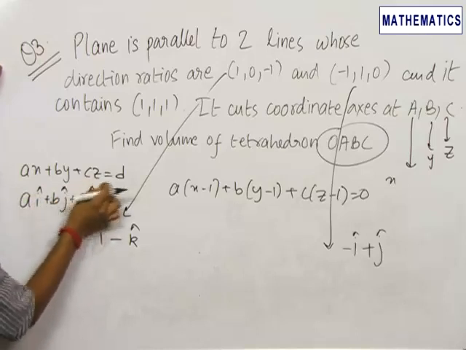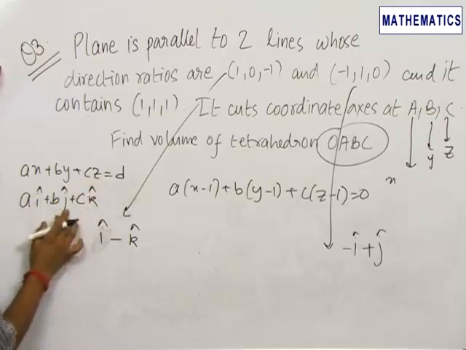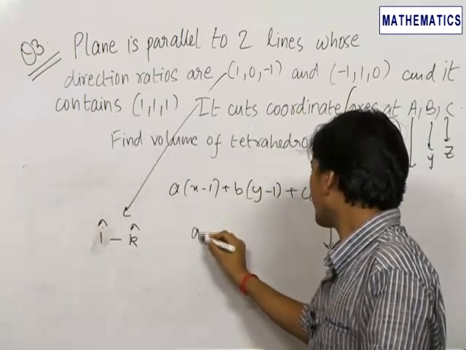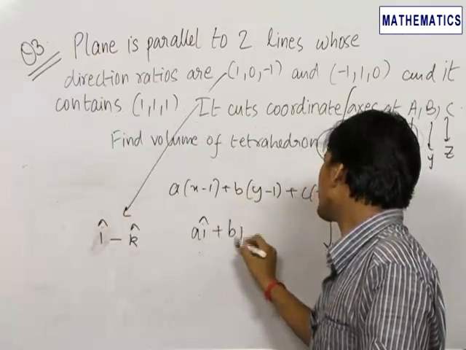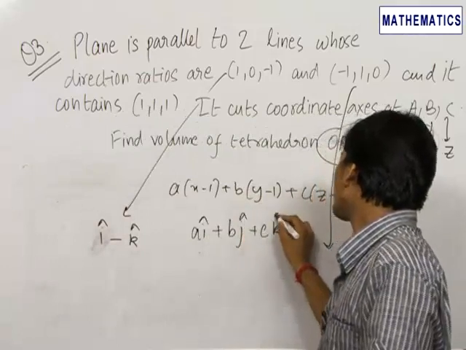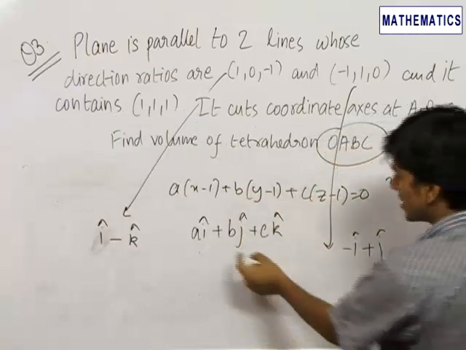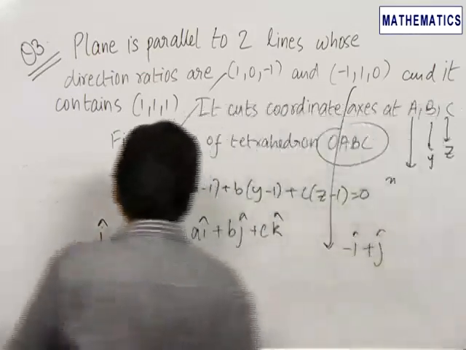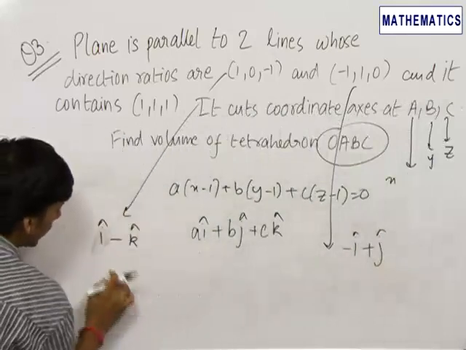That is, you take the coefficients of x, y and z and write them here to get the normal. Since this normal is perpendicular to both lines, we can write the dot product of these two to be equal to 0.